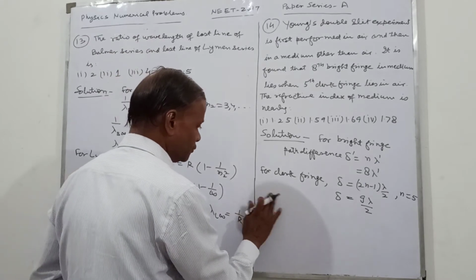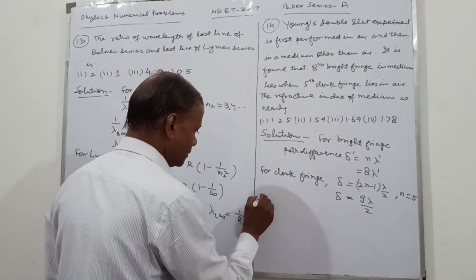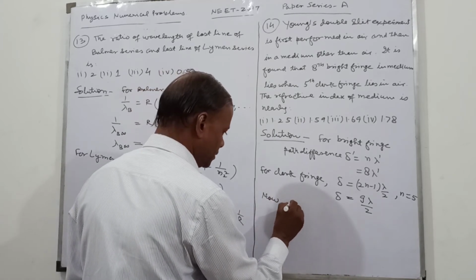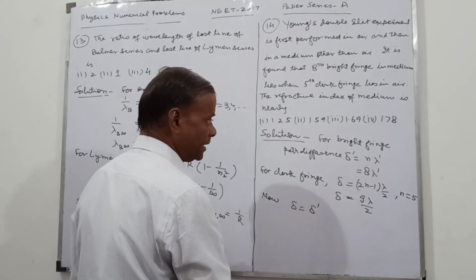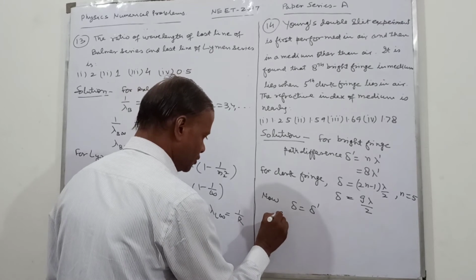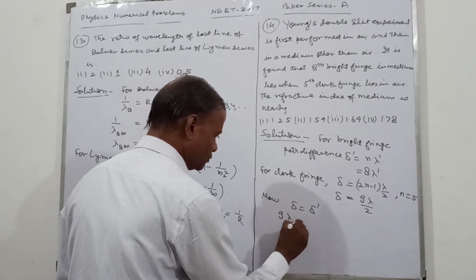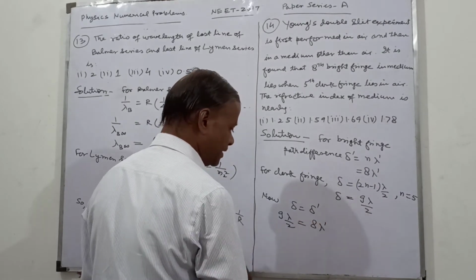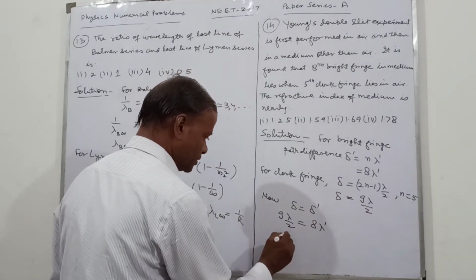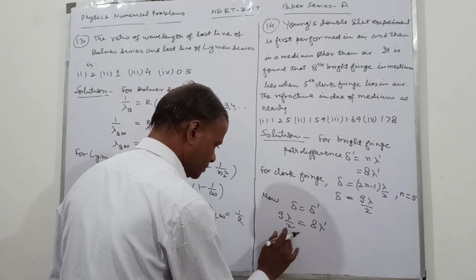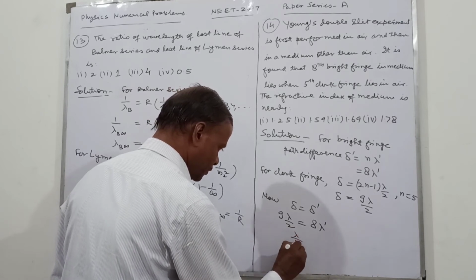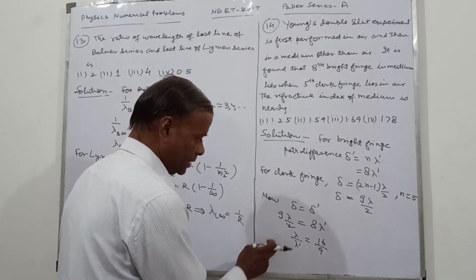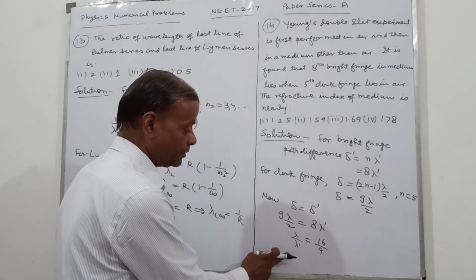So according to the question, now this delta equal to delta dash. So delta is how much? 9 lambda upon 2 and this is your 8 lambda dash. So this lambda upon lambda dash equal to 16 upon 9. Lambda upon lambda dash, this is now the value of mu.